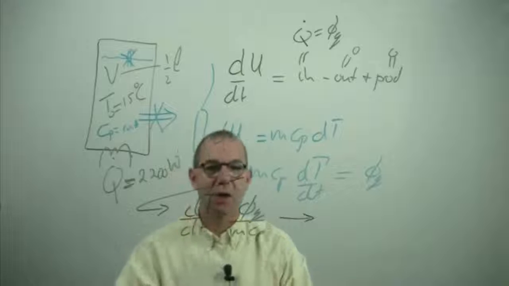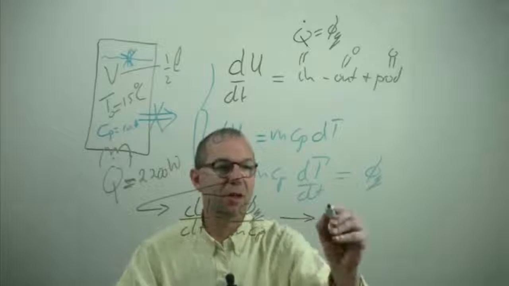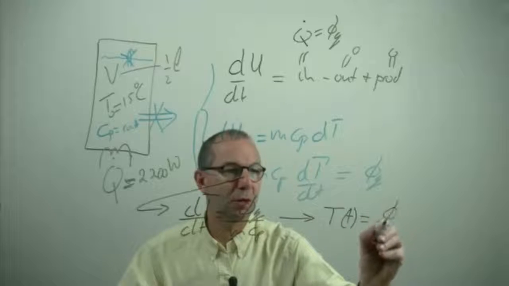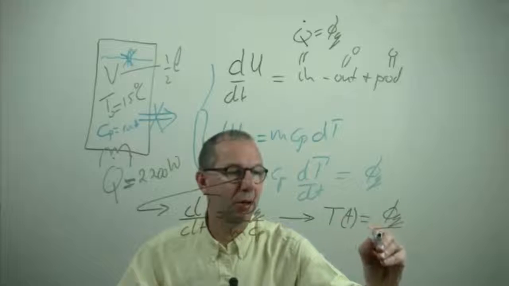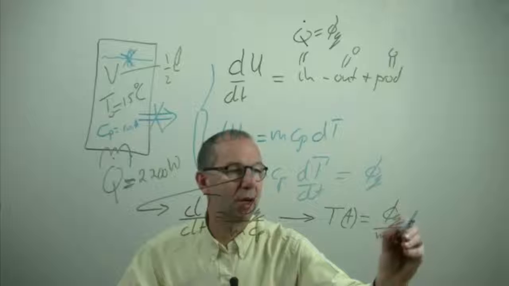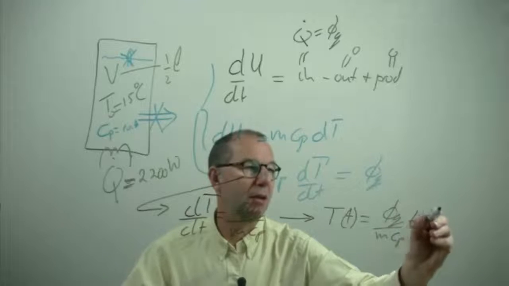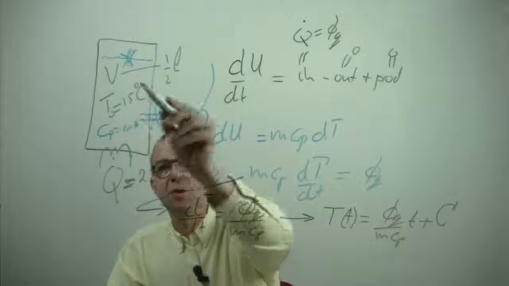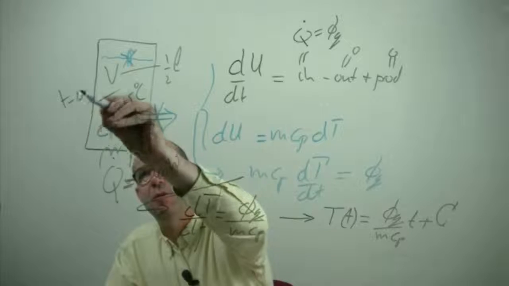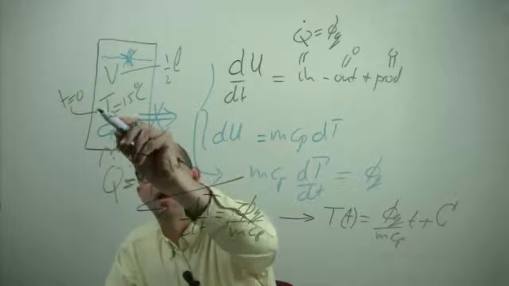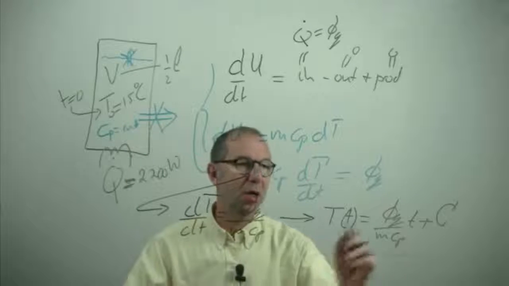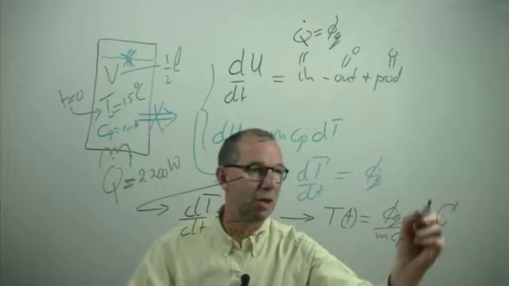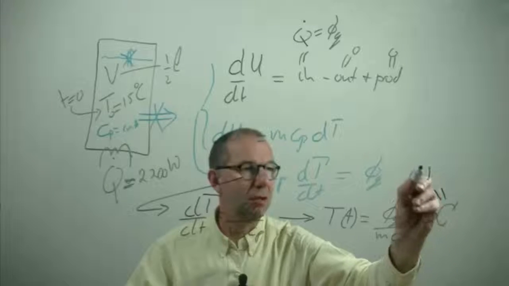Everything on the right hand side is constant, so I can easily integrate this, giving me that T as a function of time equals flow in over m Cp times time plus, should not forget that, some integration constant, which I can find from the initial condition that at t equals 0, I have that the temperature is T naught. Substitute t equals 0, then you get a 0 here, T naught on this side, so this one equals T0.